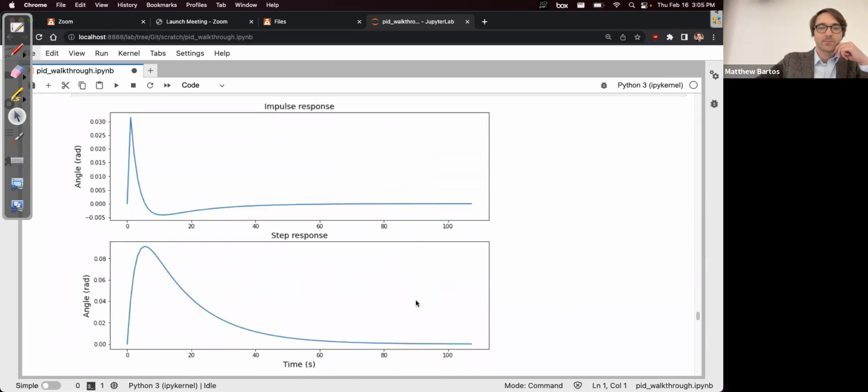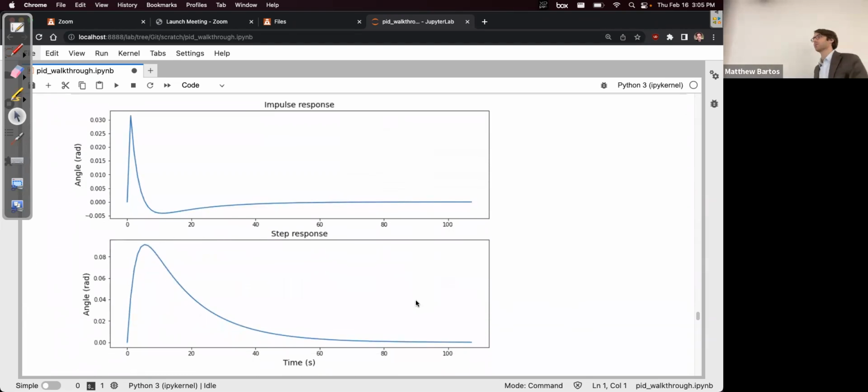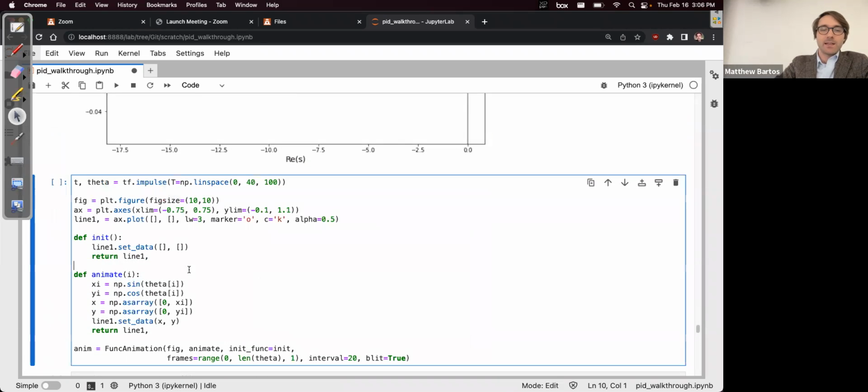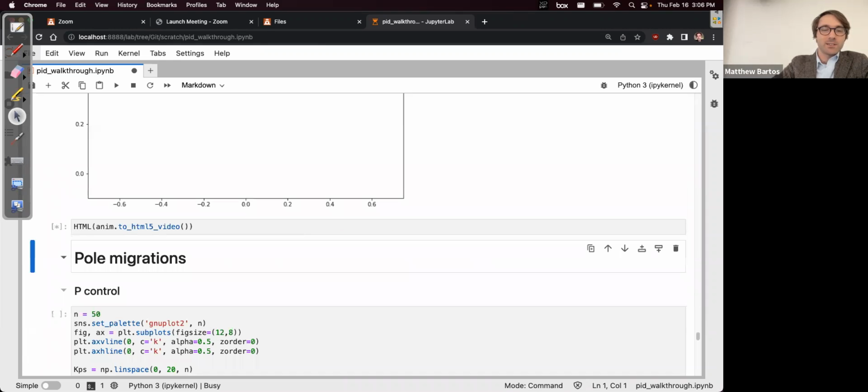All right, and so this is the response of the system with PID control. It looks a little bit different than before, but you can see on this bottom plot for the step response that the error between our angle and our reference angle eventually decays to 0, which is what we wanted. Let's plot the animation to see what it looks like.